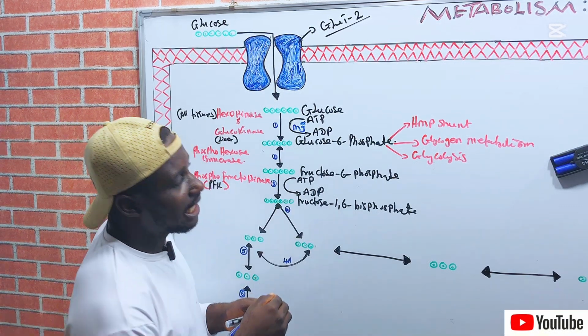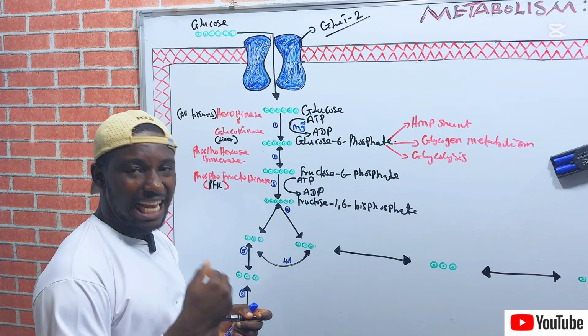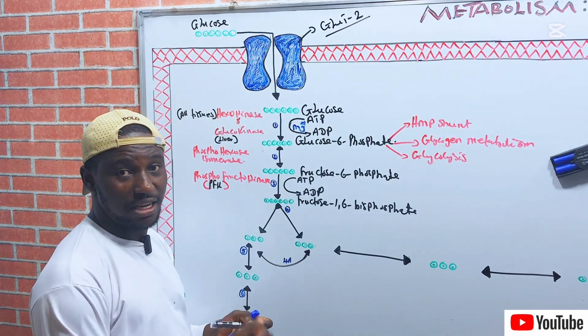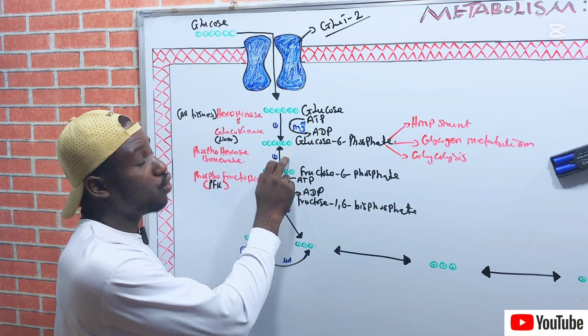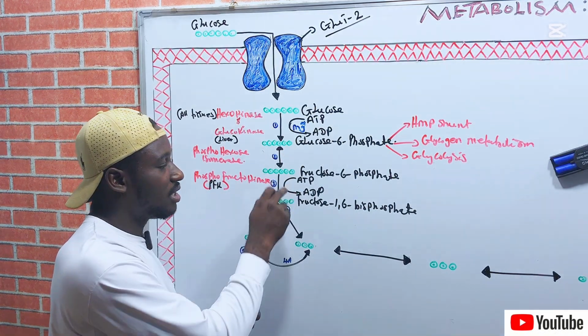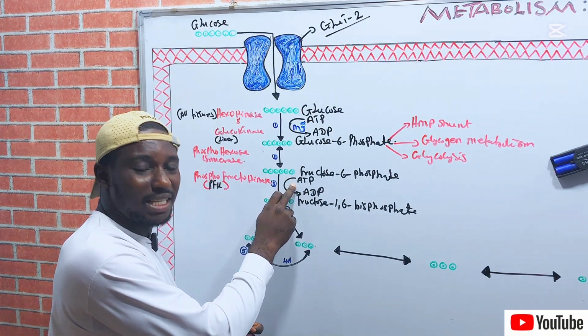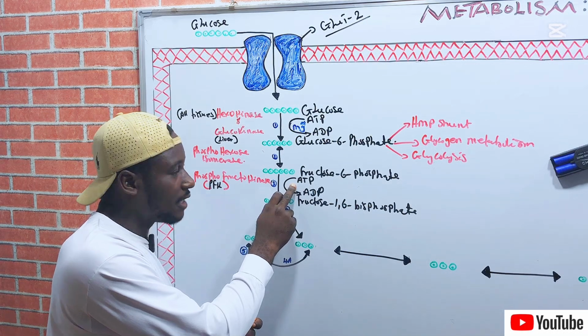This step is an irreversible step of glycolysis. Recall that step 2 is a reversible step. Step 3 is an irreversible step of glycolysis, right?